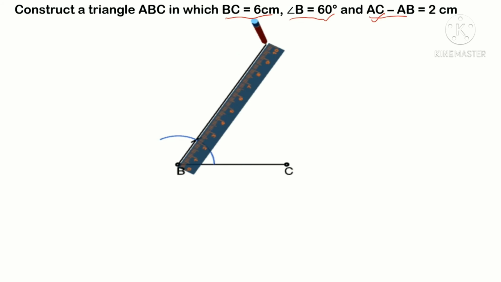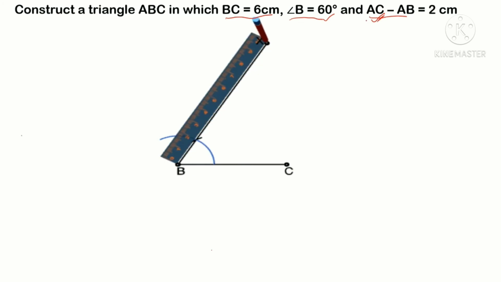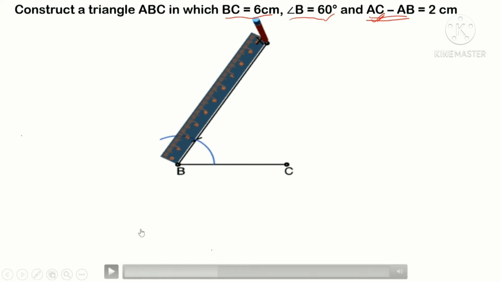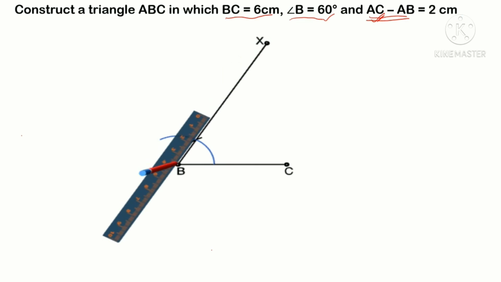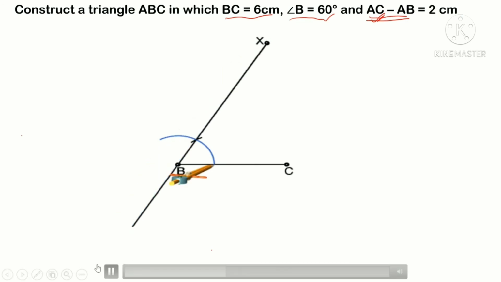Now, here we need to note one point. Since this is a question belonging to the second case, we need to extend this ray to the opposite side of BC. Just see how. We are just extending it to the opposite side of BC.